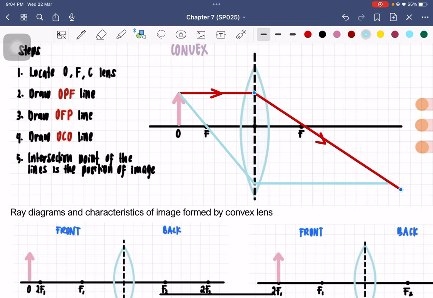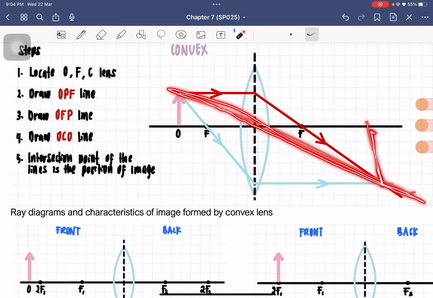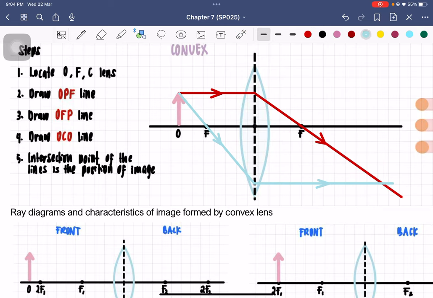This one should be a bit longer, just so that they intersect. Those are the two rays. Two rays are enough, or you can also add a ray through the center of curvature. Basically they intersect at this point here, and since it is below the reference line, it's pointing downwards, and that is your image.